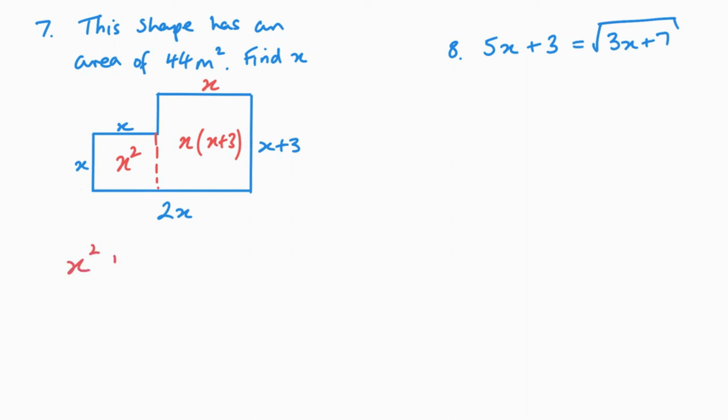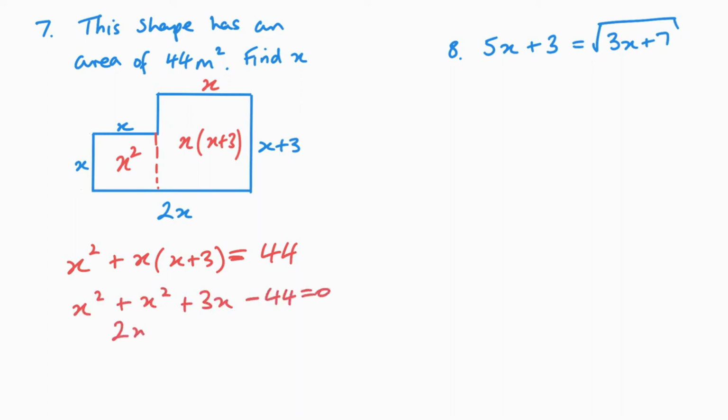So we've got x squared plus x plus 3. So that area is one rectangle plus the other one, or technically a square plus a rectangle. And that's going to equal 44, as that's what the question says at the top. So we've got x squared plus x squared plus 3x minus 44 when I get everything to one side. 2x squared plus 3x minus 44 equals 0.